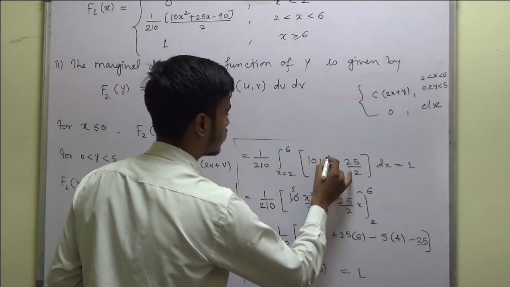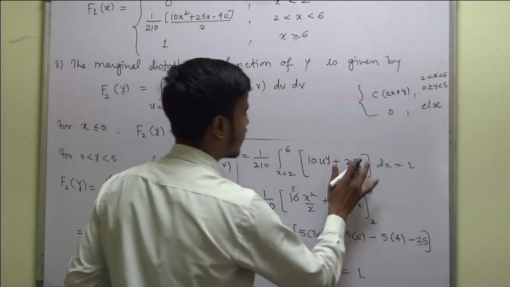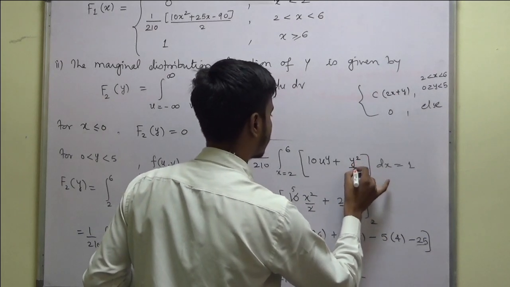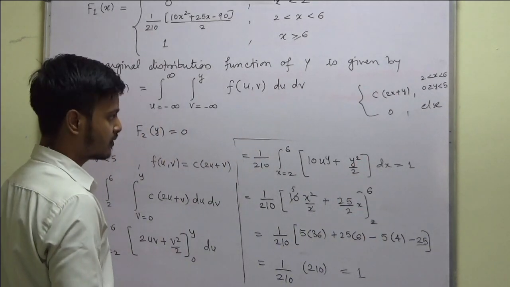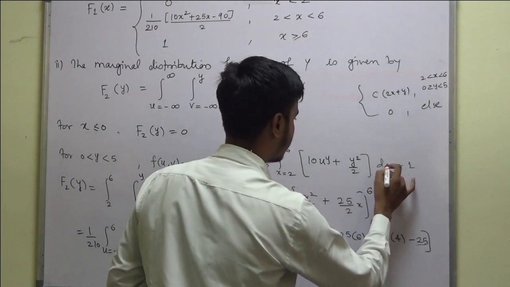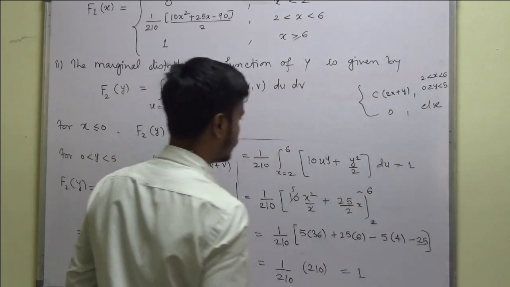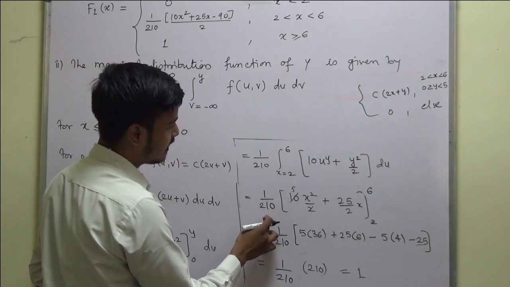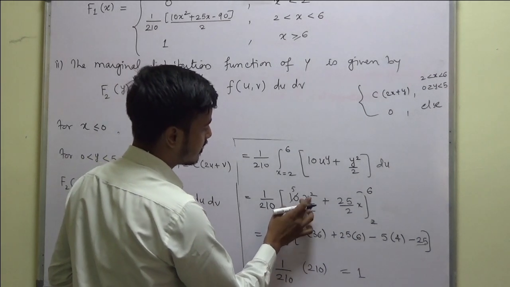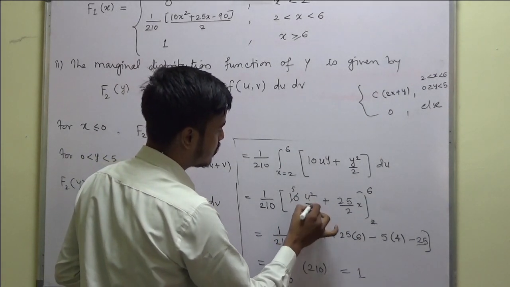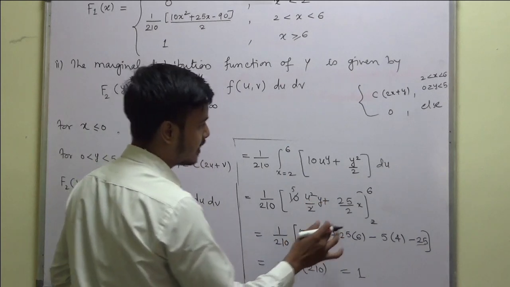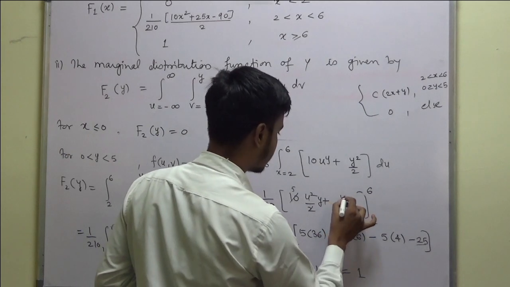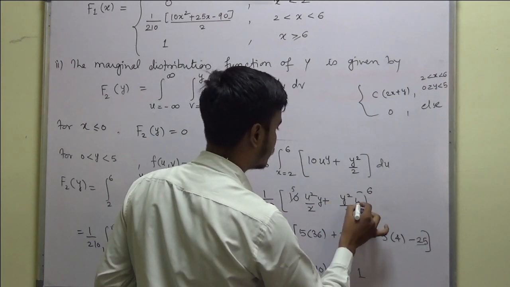Then y square by 2 du, then 1 upon 2 into 10, u square by 2 into y plus y square into u.